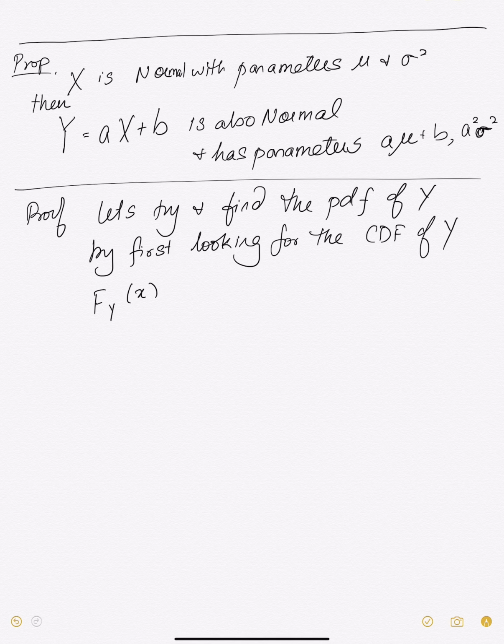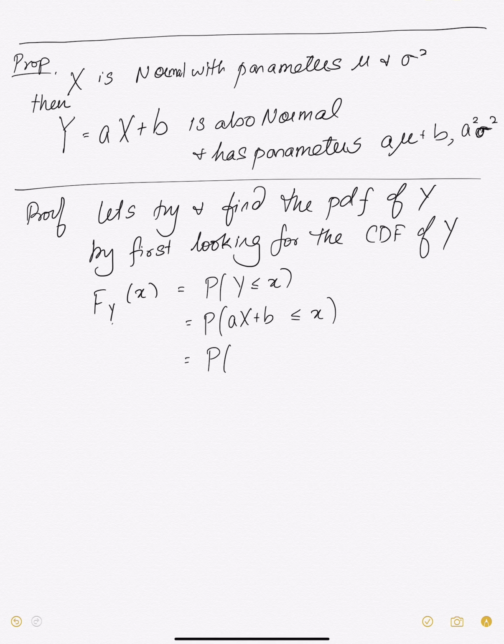What is this? Every time we have more than one random variable floating around, make sure you put a subscript to know which random variable's CDF or PDF or whatever you're looking for is. So F sub y of x, that is the probability that y is less than or equal to x. All right, but what is y? That's the probability that ax plus b is less than or equal to little x. What is that?